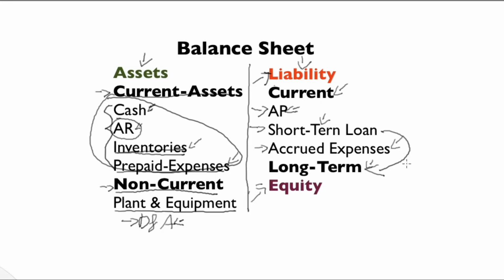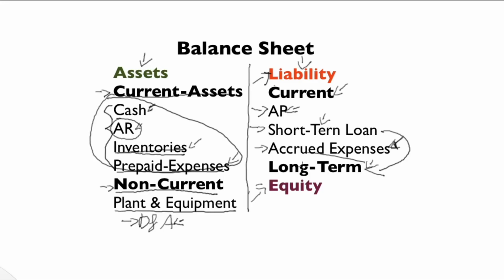The accrued expenses are all those expenses that we have to pay, but we didn't pay yet in cash. For example, if you have to pay a bonus to your employees, but you just accrued it for a certain month, and you're going to pay it in 2 or 3 months, that's where you're going to keep track of all the money that you still have to pay to your employees under your accrued expenses.